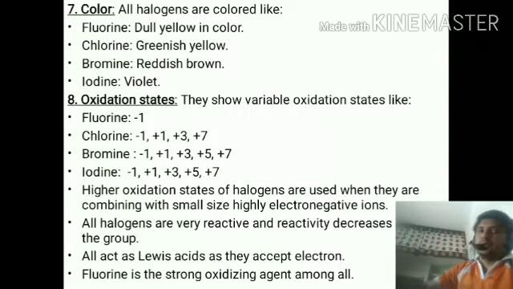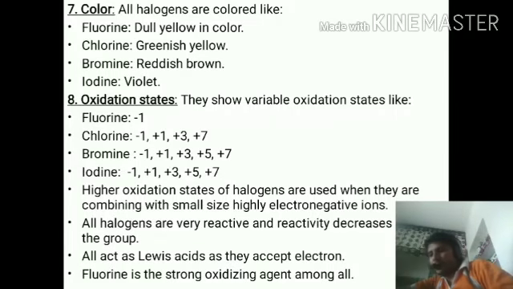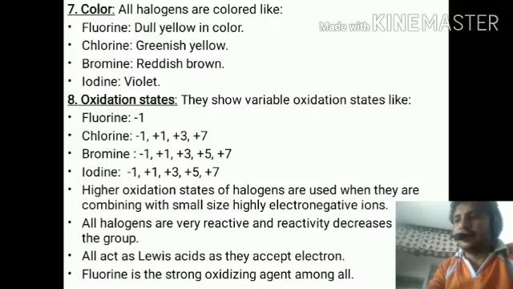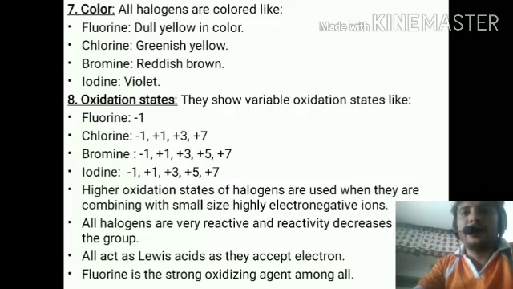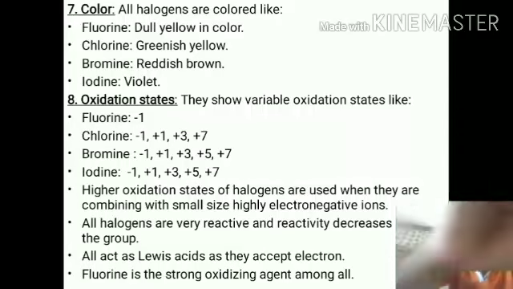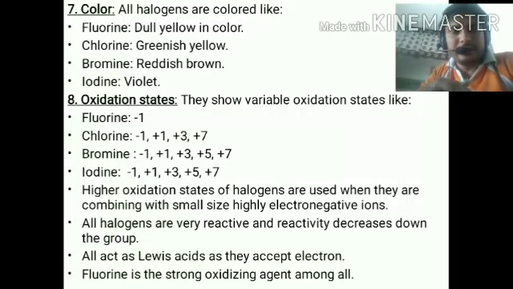Now, if you talk about the oxidation state of the group 17 elements, group 17 elements contain 7 electrons in the outermost shell. So they show the -1 oxidation state because they gain 1 electron. They can show the +1 oxidation state, but they gain 1 electron, and 1 electron can be easily taken.